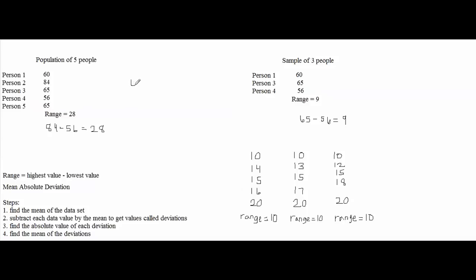To get the mean, we have to add the 5 numbers and divide the total by 5. What do we get when we add these 5 numbers?